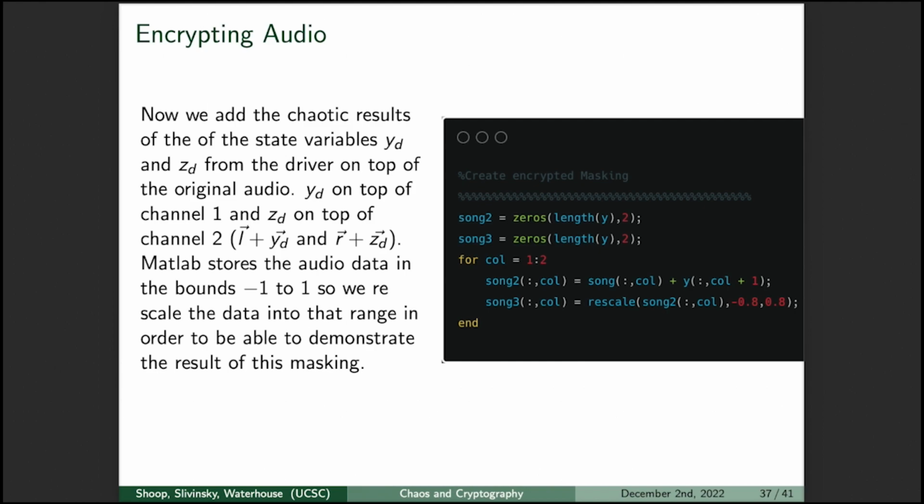So, in order to be able to play the masked audio for this demonstration, we rescale it to be in that range. That is what is seen in the code on the right, with song 2 being the unscaled masked data and song 3 being the scaled masked data. Here is the snippet of the masked audio.